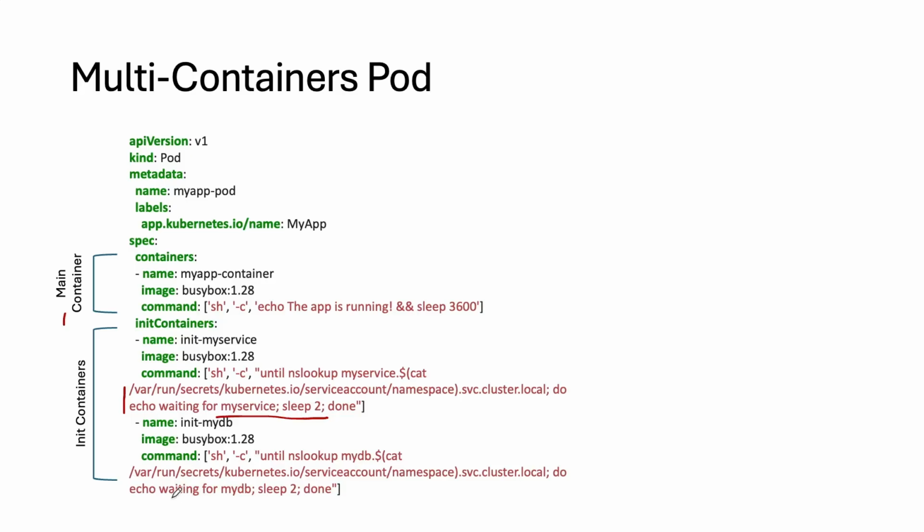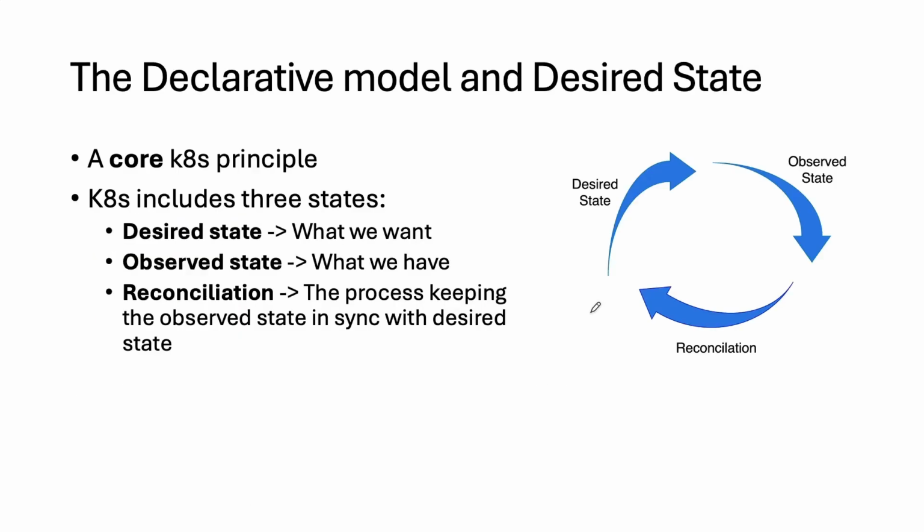So here it's waiting for the database service to come up before stopping, so that the application container only comes up once the database service is up. This is a good example of how init containers can be used in actual production scenarios.